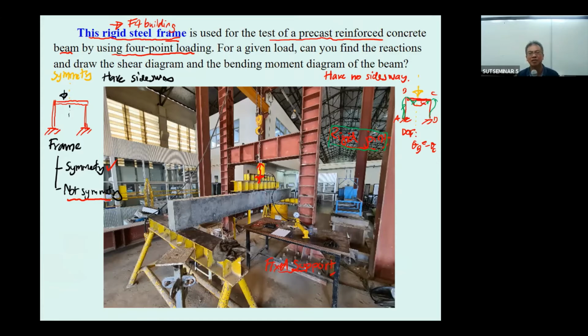What happens is, if you consider the fixed end moment due to the application of the force, and assume the load is close to this point, we will have the fixed end moment, the black one, larger than this light blue fixed end moment.